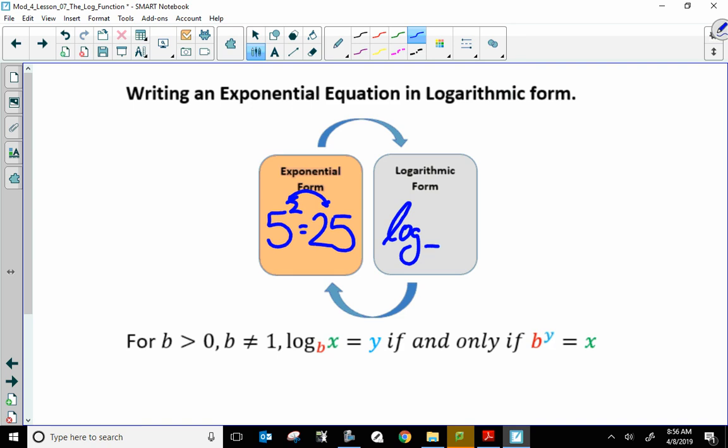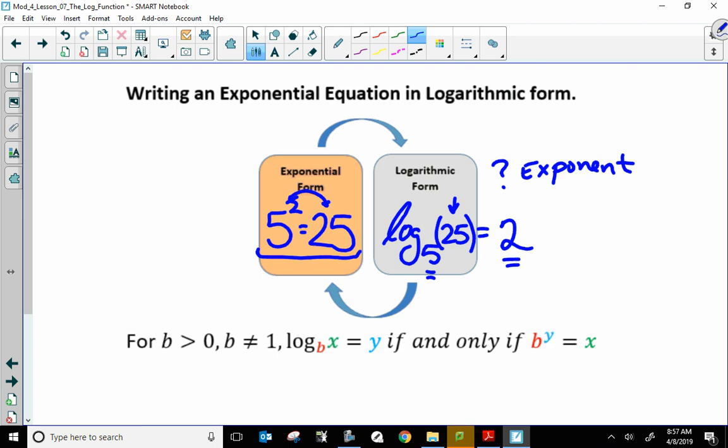Log is really saying, if I put 5 to an exponent, I would get 25. What power of 5 gives you 25? The answer, of course, is 2, because we know 5 squared is 25.